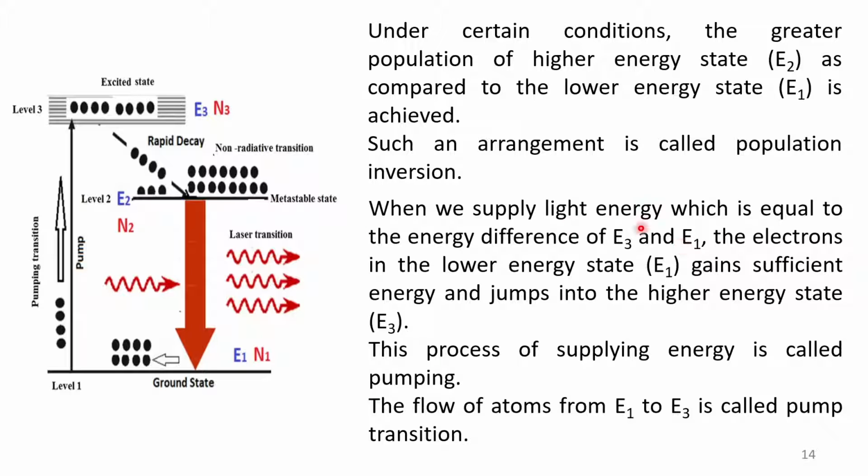Now when we supply light energy, that means the incident radiations interact with the atoms which are in the ground state, and the energy of the incident radiations becomes equal to the energy difference between the energy levels E1 and E3, then the atoms in the ground state gain sufficient energy and jump into the higher energy state E3.